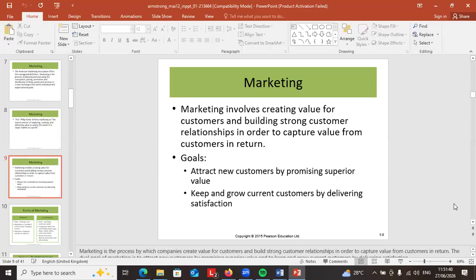As a result, marketing has two major goals. The first is to attract new customers by promising superior value. And the second is to keep and grow current customers by delivering on satisfaction.